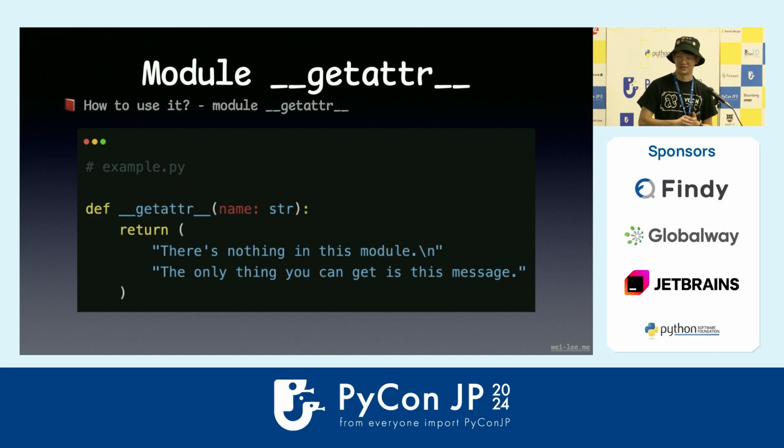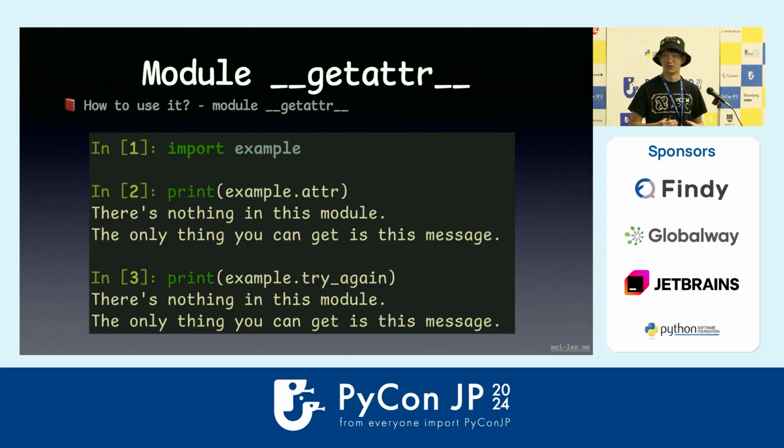The module is example.py, and whenever you try to get an attribute that does not exist in example.py, yeah, it's always not existing because there's no other attribute here, and you will return a string. There's nothing in this module. The only thing you get is this message. So if you import example, it will just print the attr, and if you try another attribute, it will still return the same message.